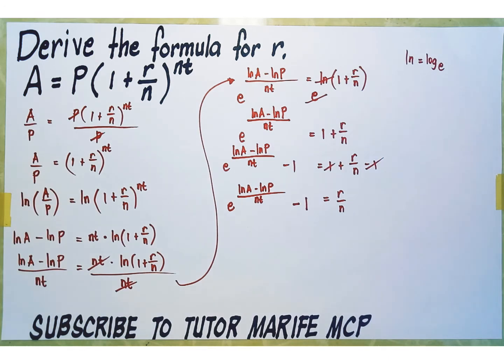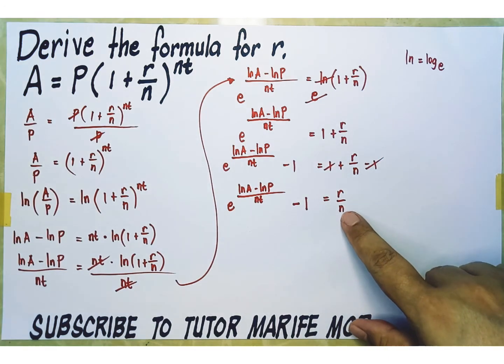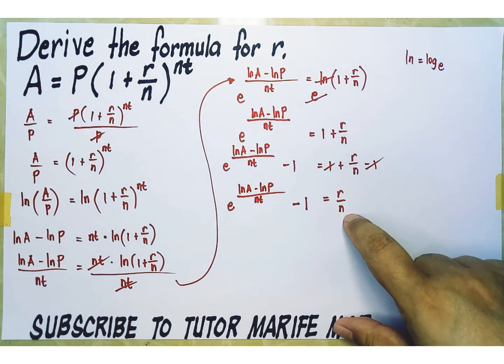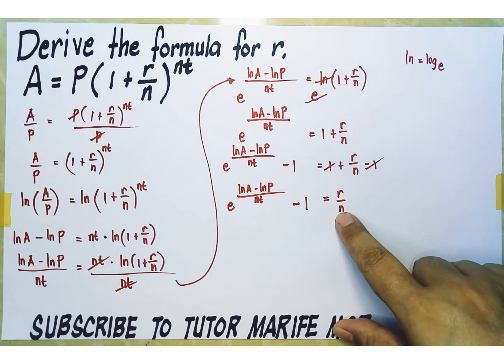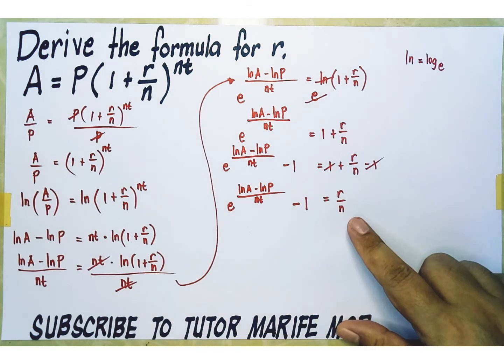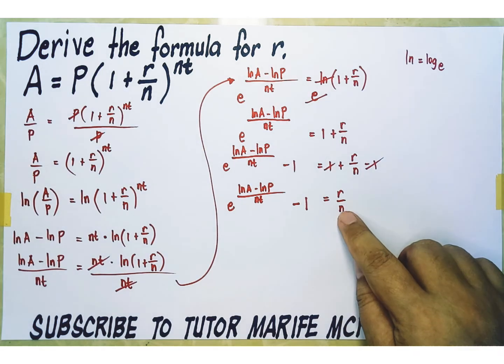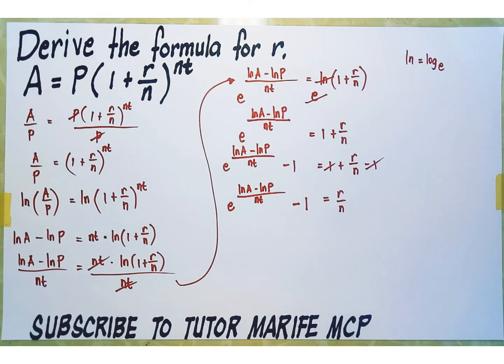And the last step is to eliminate the denominator n from the right side. The operation between r and n is division, so I'll use the inverse operation of division to remove n from the right. And that is multiplication.